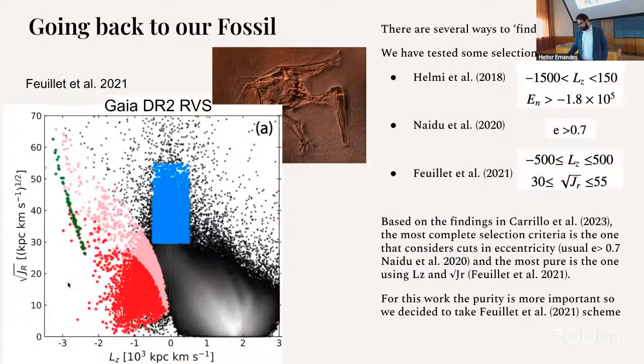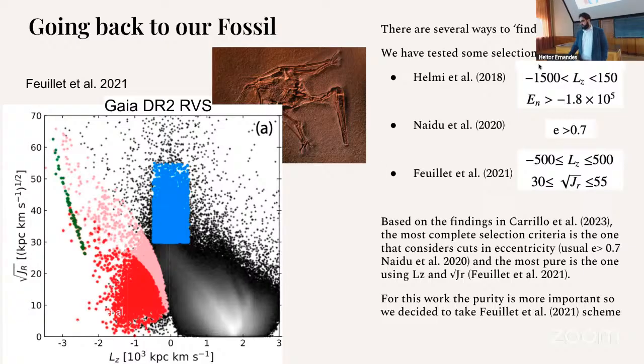And then we had to select those. We didn't start the selection earlier because we didn't want any bias at that point. But then we had to test the selections. And here we have the space. Here, for example, we have the original selection that Helmi used.